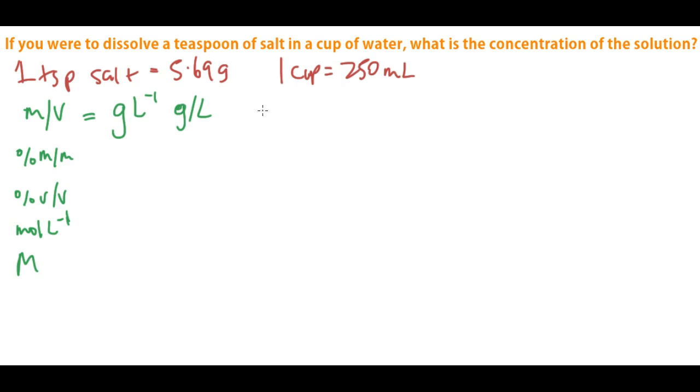So the concentration of our sodium chloride solution is literally going to be the mass divided by its volume, but it needs to be in the same units. So we have 5.69 grams of our salt, and we have 250 mL.